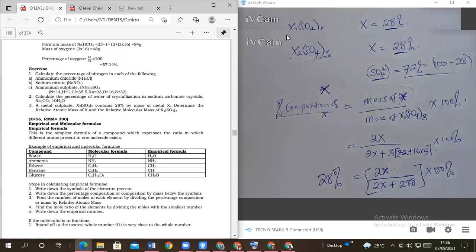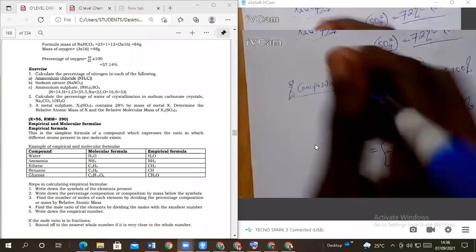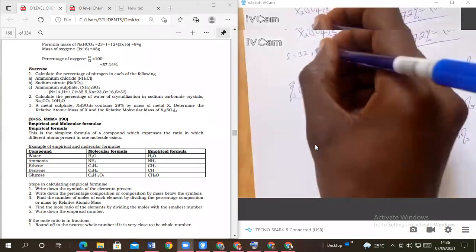Do we have calculators there? Yes? Hey, Cynthia, where's the calculator? Please. Yeah, what's the mass of sulfur? Sulfur is 32. S is 32. O is 16.